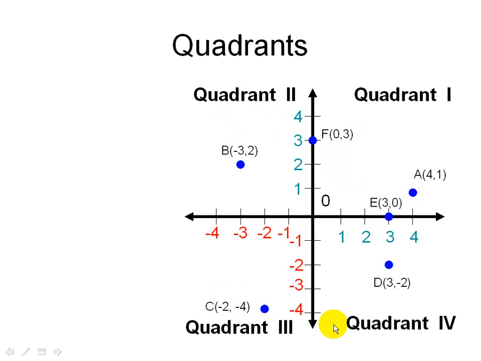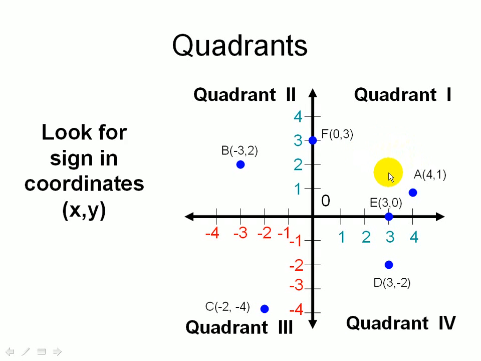And we note by looking at the points here at the signs of the coordinates x and y. Quadrant 1 has an x-coordinate that's positive and a y-coordinate that's positive. Likewise, in quadrant 2, we have the x-coordinate negative and the y-coordinate positive.